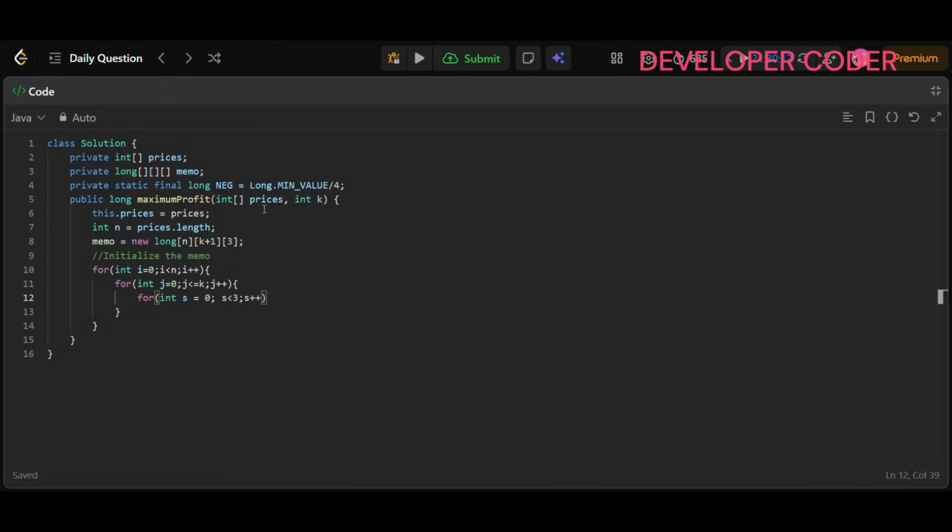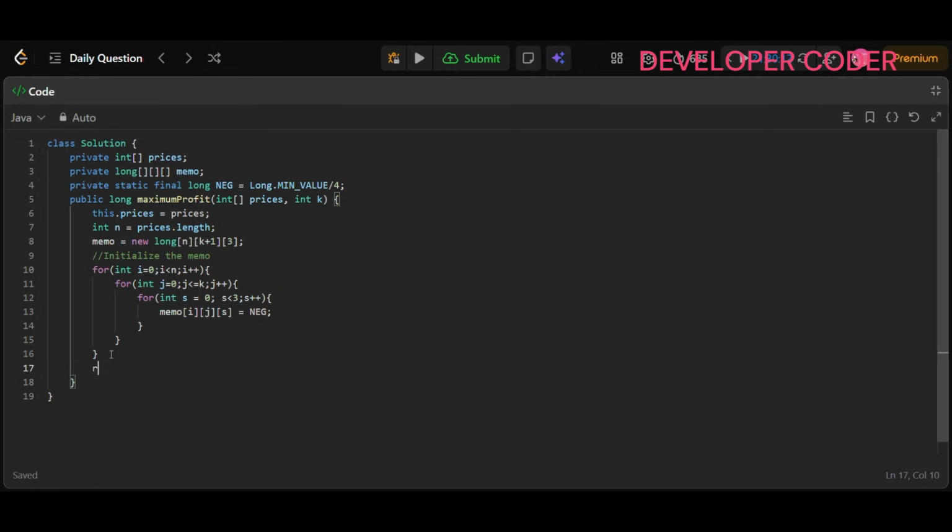And all these values in your memo, memo of i, j, and s, you are filling with negative infinity. Okay, done.